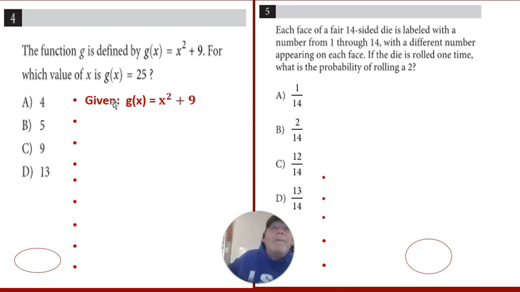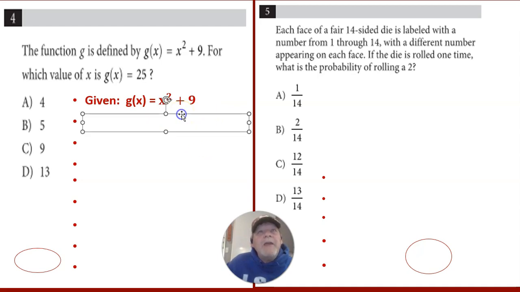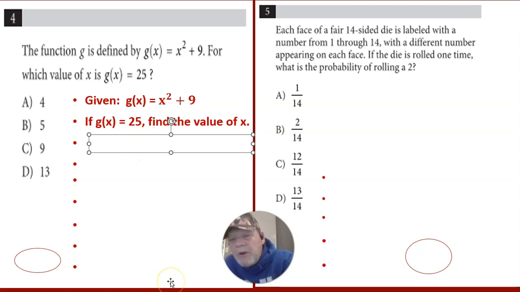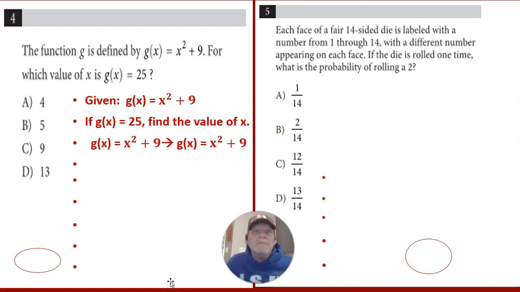So my first step would be to write down that the given is g of x equals x squared plus 9. That is our function in function notation. And it says if g of x equals 25, find the value of x. So what you're going to do is take the 25 and substitute it in where it says g of x, because those two are equal, using what's called the substitution property of equality.